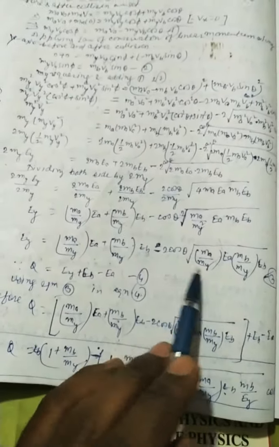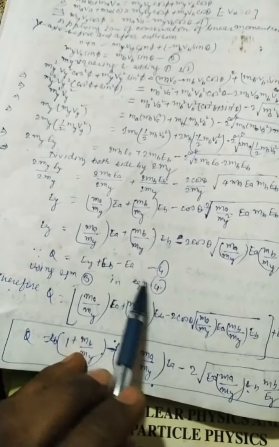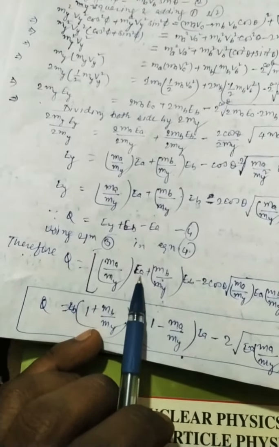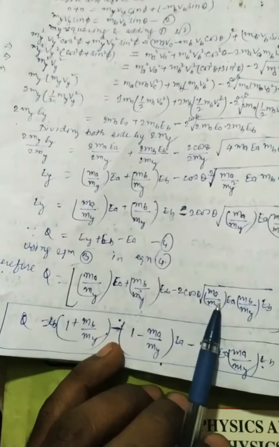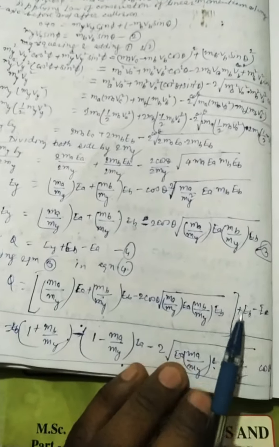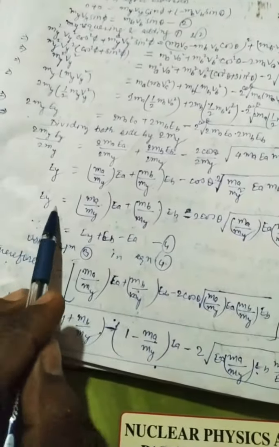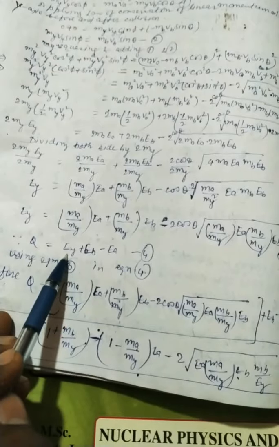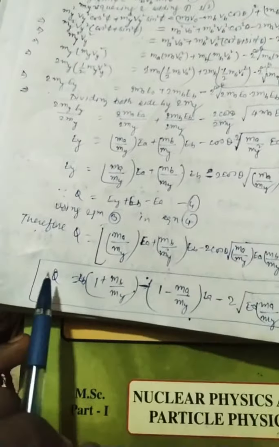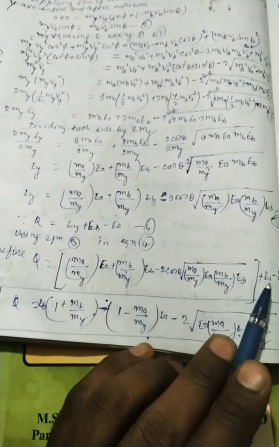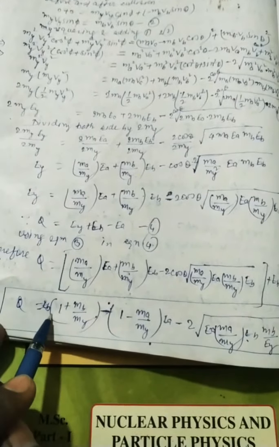Now using equation 3 in equation 4, therefore Q equals MA by MY EA plus MB by MY EB minus 2 cos theta times the square root of MA by MY EA times MB by MY EB, plus EB minus EA. Here the EY component is substituted. So we take EB common: EB times 1 plus MB by MY.